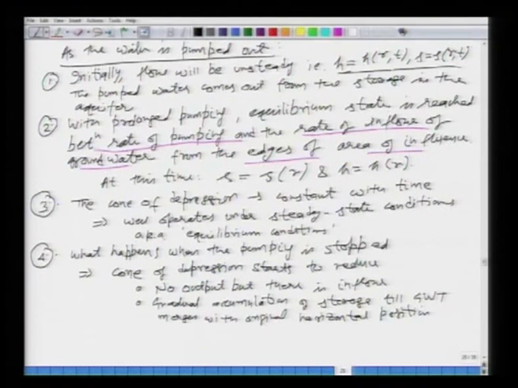Now, this phase, which phase? After we have stopped the pumping, this phase of the activity in the aquifer well system is called recuperation. It is called the recuperation or recovery.